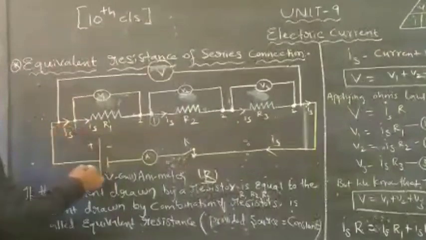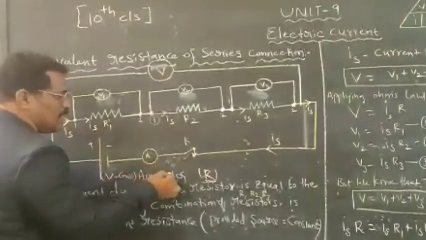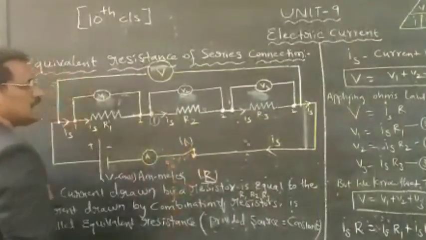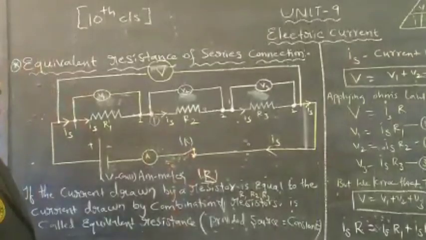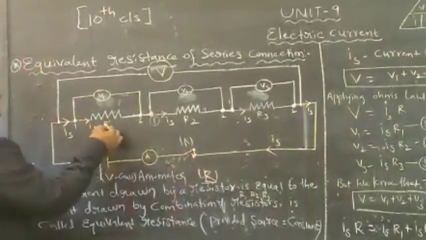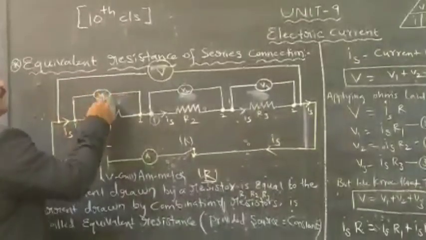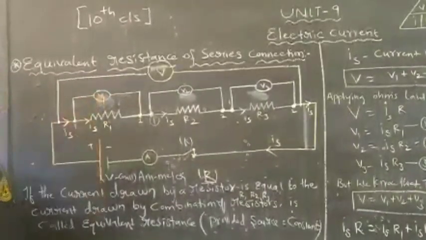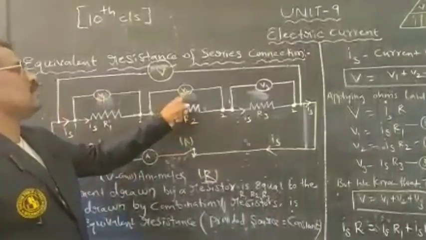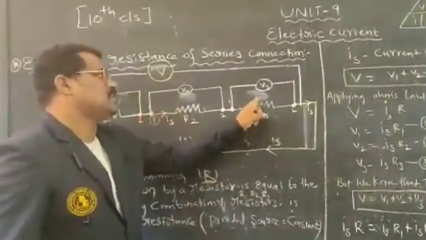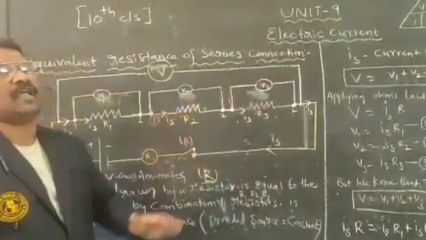It is connected in series to a battery, along with an ammeter and a key. Then, across resistance wire R1, to measure the potential difference, connect voltmeter V1. For resistance wire R2, V2 voltmeter. For resistance wire R3, V3 voltmeter. Why?